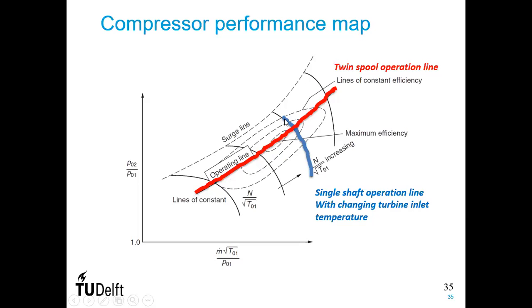If you look at a single shaft, you run on this line we just saw, and you have quite a variation in compressor efficiency, and you also have very limited variation in the mass flow. So especially at part load operation, you more or less have the same constant mass flow. You can change a little bit with IGVs, but it's one of the main disadvantages of a single shaft versus multi-shaft: the constant mass flow. With multi-shaft we have a variable mass flow and also higher efficiency in this situation. So that's one of the advantages of a dual shaft versus single shaft.